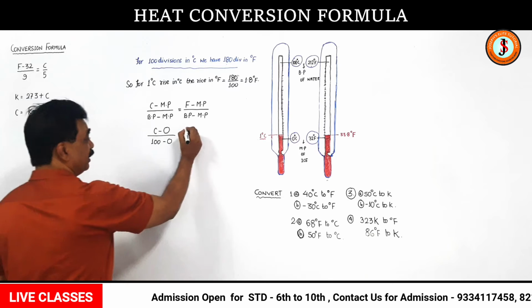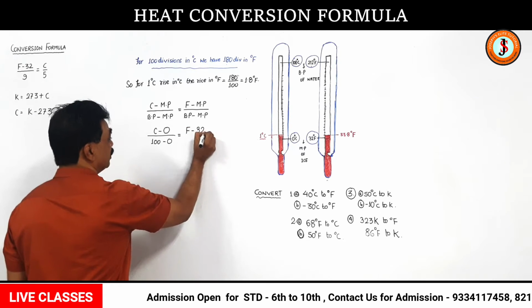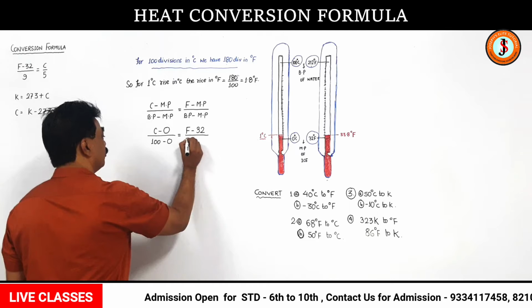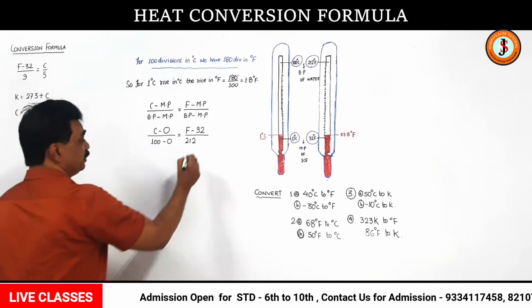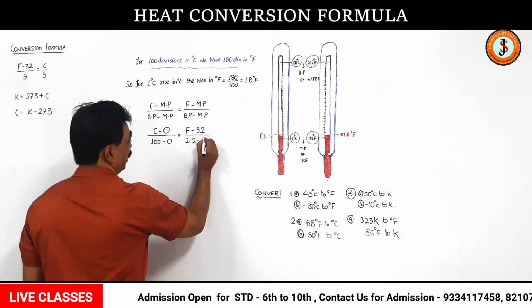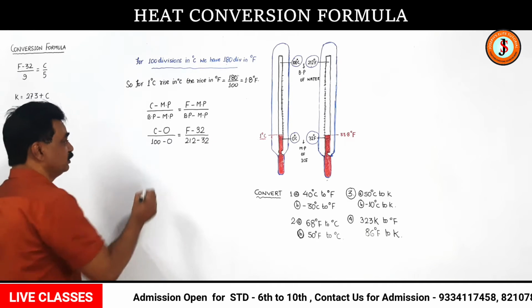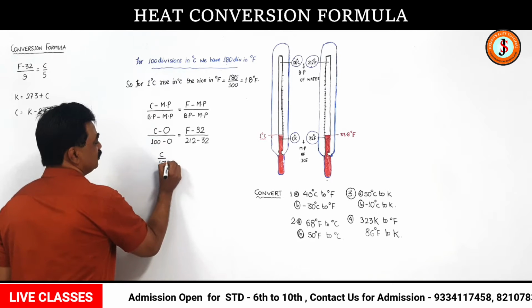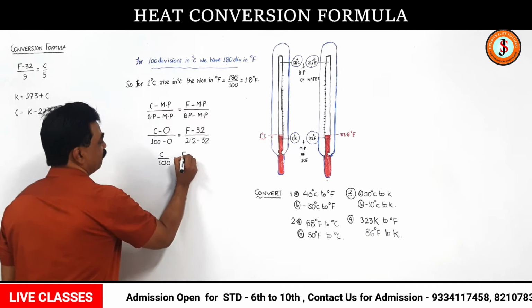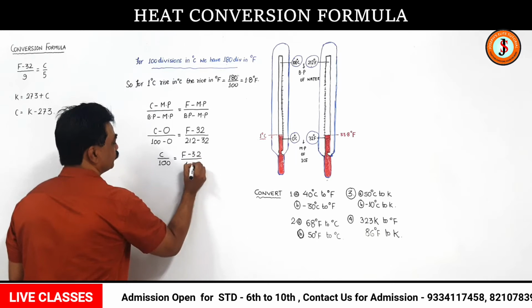And in Fahrenheit, whatever the temperature, minus the melting point of ice in Fahrenheit, which is 32. The boiling point of water in Fahrenheit is 212 minus the melting point of ice, 32, or you can say upper limit minus lower limit. So we get C by 100 is equal to F minus 32 by 180.